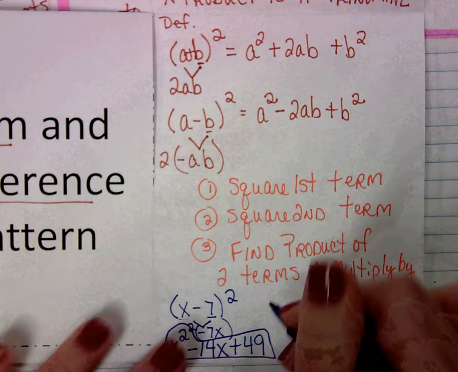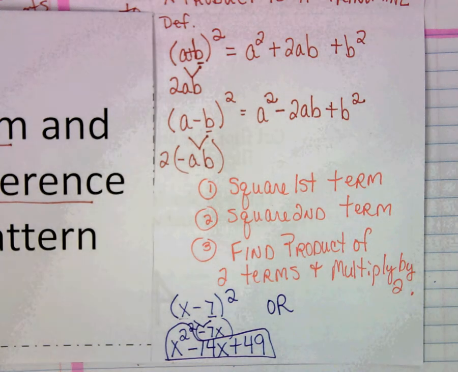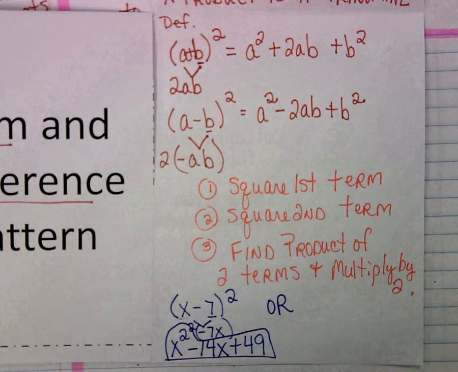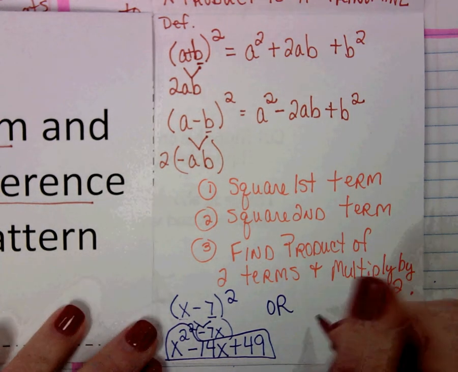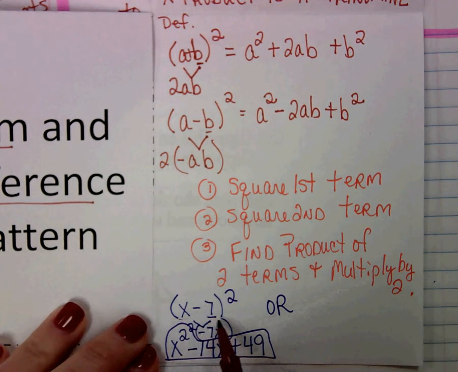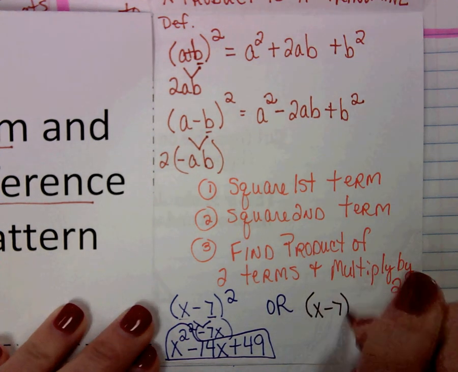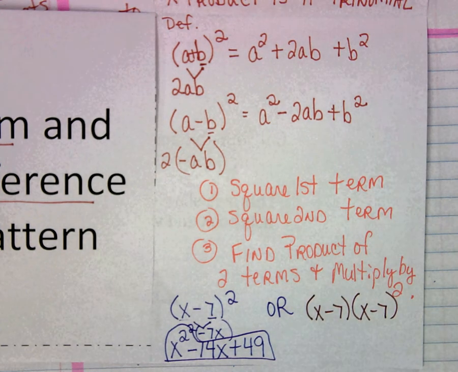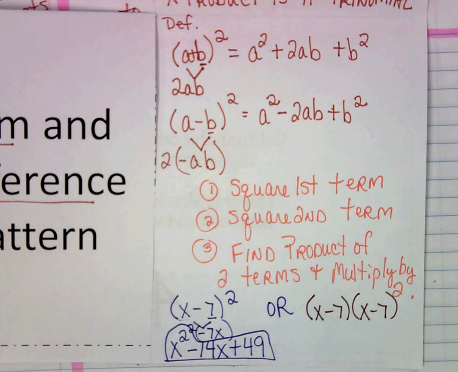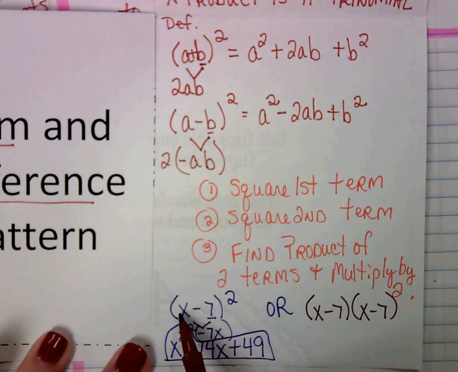If you were not going to use this rule, very important, what I want you to see is that you would have to rewrite x minus 7 squared as x minus 7 times x minus 7. The biggest mistake that we make on this is that we want to apply the exponent to the x and the 7.